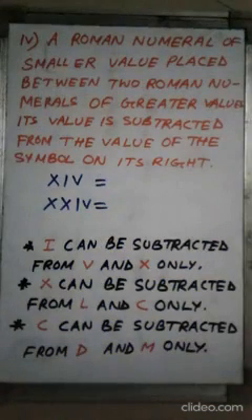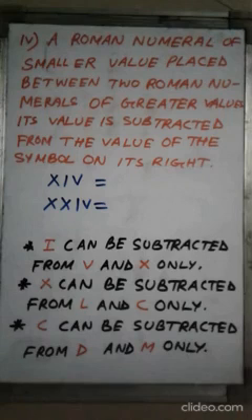Rule number 4: if a Roman numeral of smaller value is placed between two Roman numerals of greater values, its value is subtracted from the value of the symbol on its right.